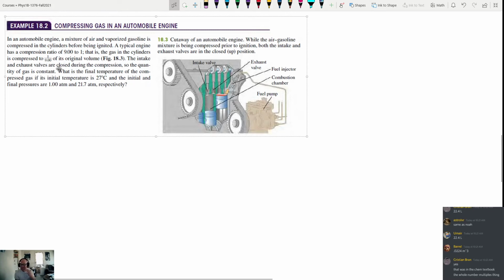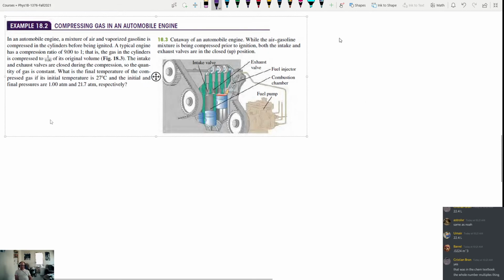The intake and exhaust valves are closed during the compression, so the quantity of gas remains constant. What is the final temperature of the compressed gas if its initial temperature is 27 degrees Celsius and the initial and final pressures are 1 atmosphere and 21.7 atmospheres, respectively?